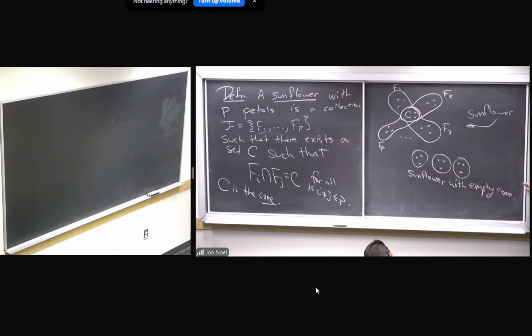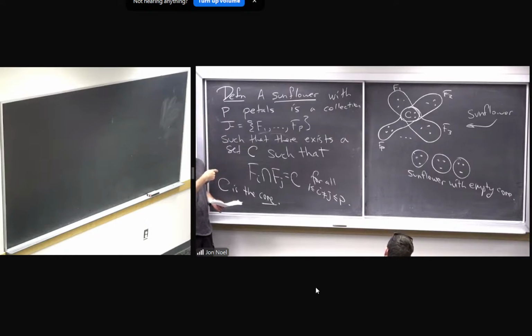Okay, so what are we going to prove? Well, a natural thing to ask: suppose I take a lot of sets of size k, so all the same size. At some point, if I take enough of them, do I always have to be able to find a sunflower?